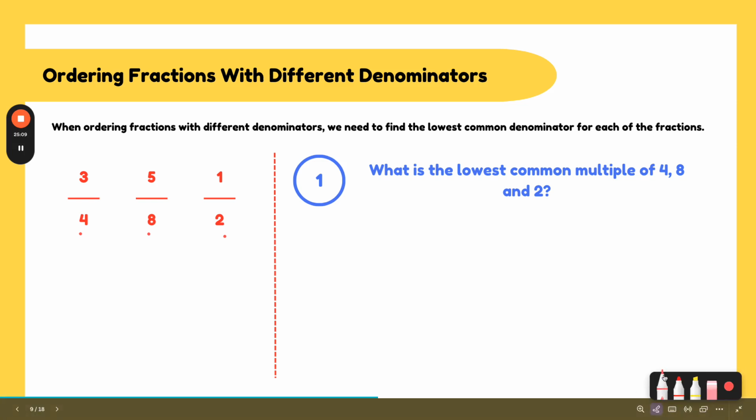we just did a list of all the multiples of 4, 8 and 2, i.e. listing out the 4, 8 and 2 times table.